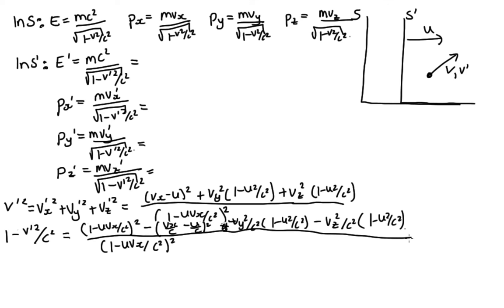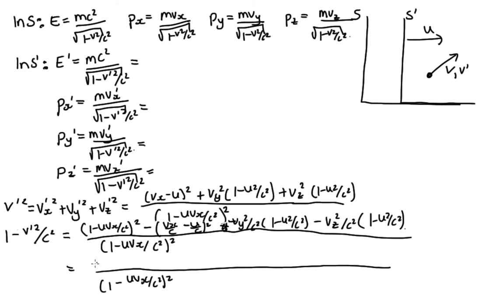Okay, now to simplify this further, we need to expand these brackets. So let's have a go at expanding the brackets. We've still got 1 minus u vx on c squared, squared, in the denominator.